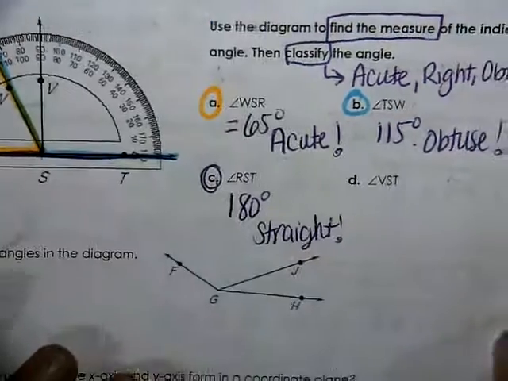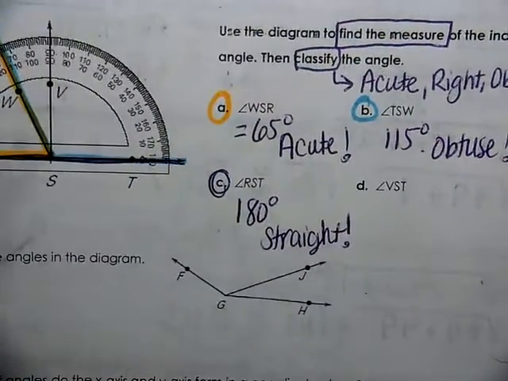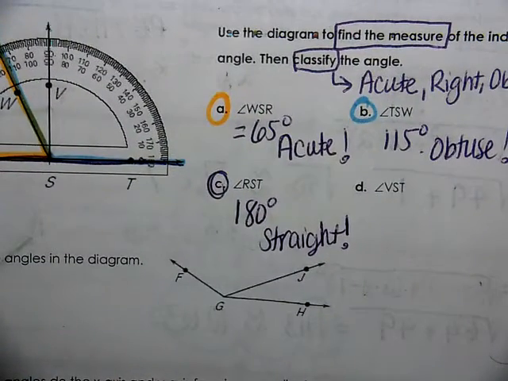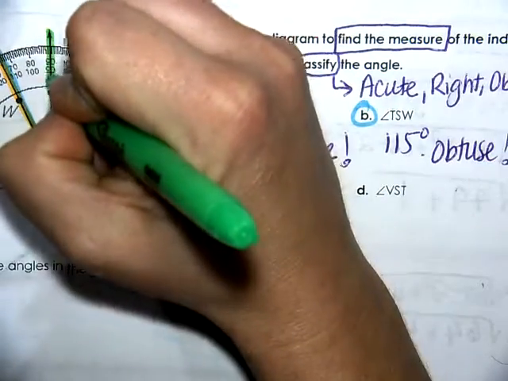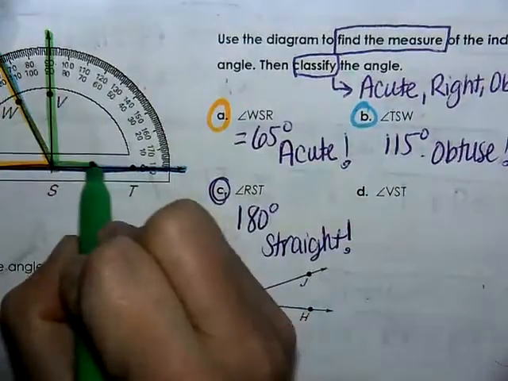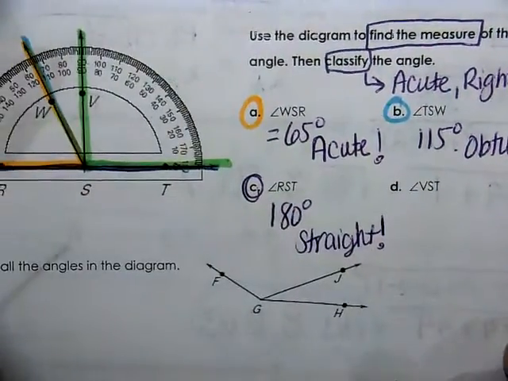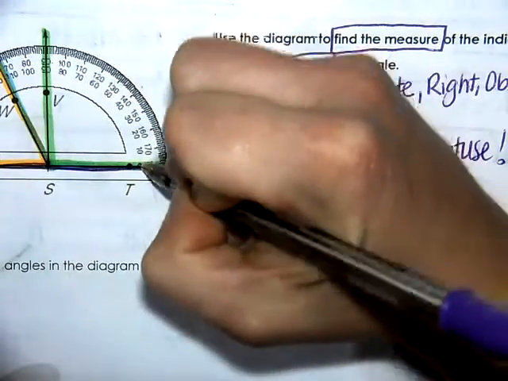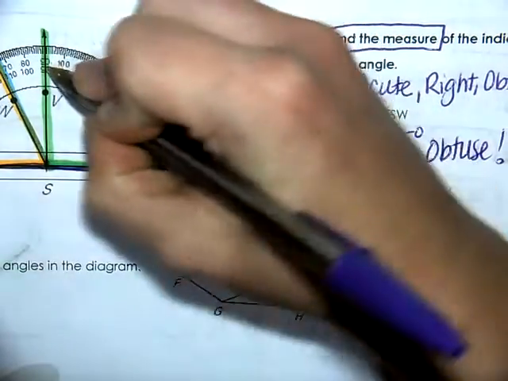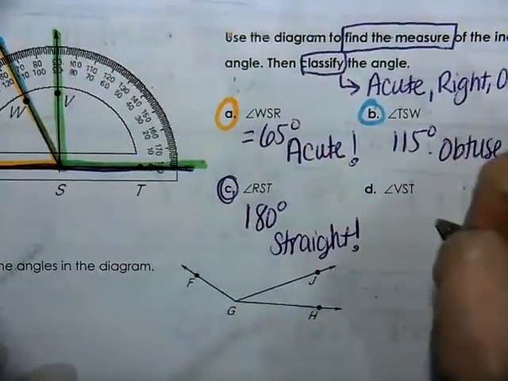And finally, we have angle VST. Here we go. Here's V going down to S, going all the way over to T. And once again, we always start at 0. So I'm going to start at 0 and work my way around. And right there, it's at 90 degrees.